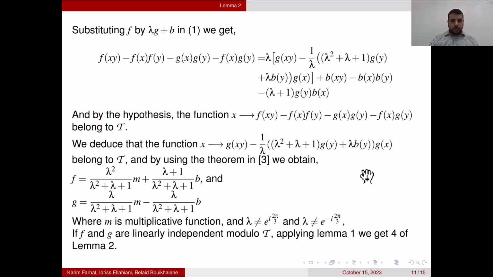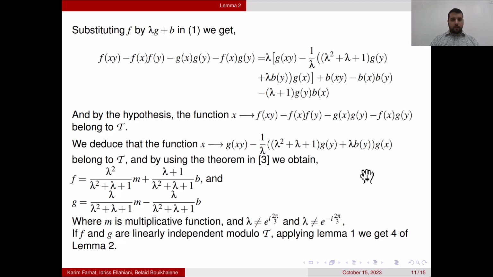Then we deduce that the function x to g(xy) minus 1 over lambda multiplying by (lambda squared plus lambda plus 1) g(y) plus lambda b(y) multiplying by g(x) belongs to T, and by using the theorem in reference 3 again, we obtain the form of f and g.